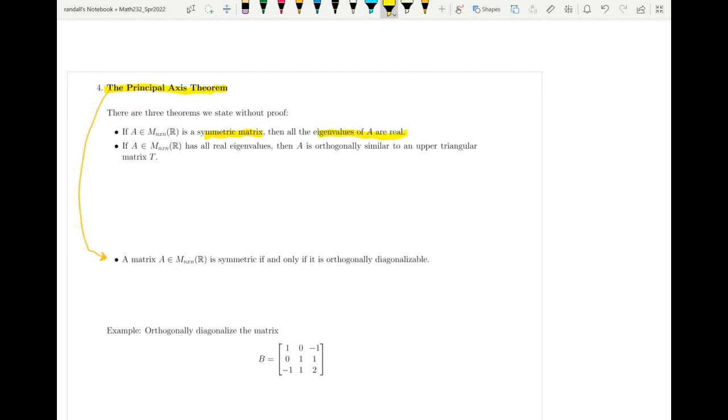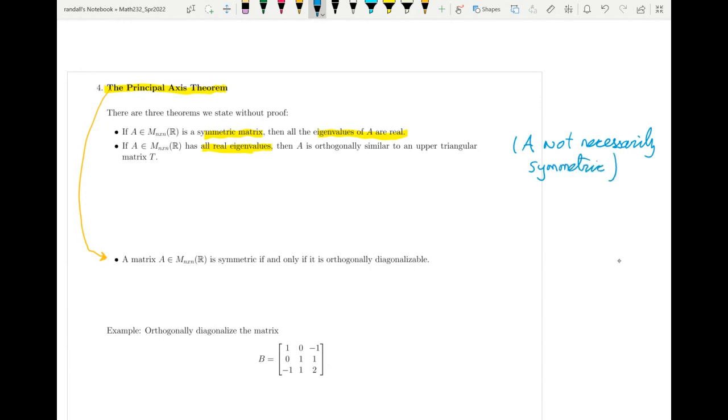Now, the second statement there is more general. Okay, it's an n by n matrix, but all we're saying is that if I have a matrix that has all real eigenvalues, okay, so I should write some comments here. A not necessarily symmetric, okay, just an arbitrary one.